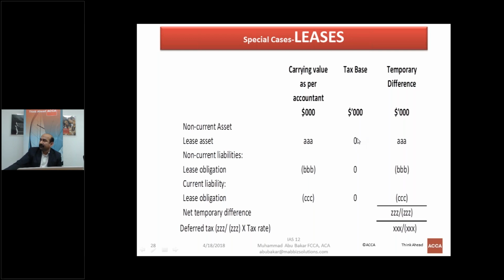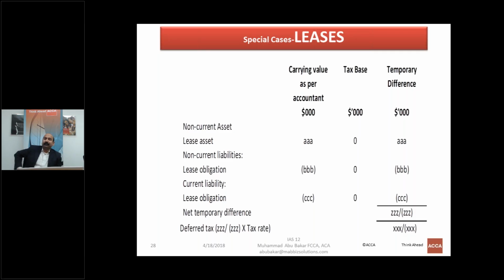They take this asset as 0, as if you have taken this asset on rent. Because it is not owned by your organization, it is not your asset as per the tax law. So that's why the lease asset from the tax people's point of view will be 0.